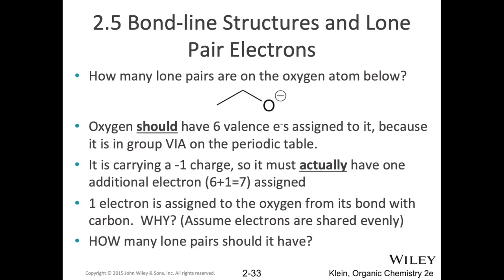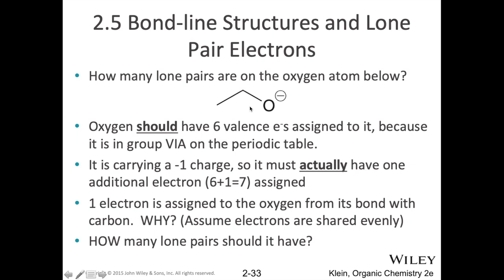Okay, so for example, have a look at this oxygen here. You can see that this oxygen has a single bond, okay, but it has a negative formal charge. So how many lone pairs are on this oxygen so that it has this negative formal charge? Well, remember, oxygen ought to have 6 electrons. It's in group 16, or group 6A. And so if it has a negative formal charge, that means it actually has 7 electrons, right?